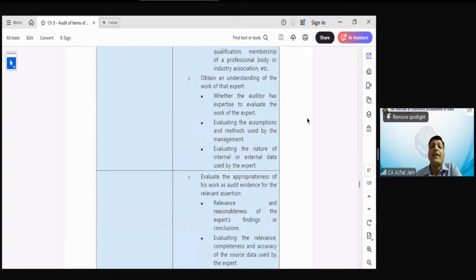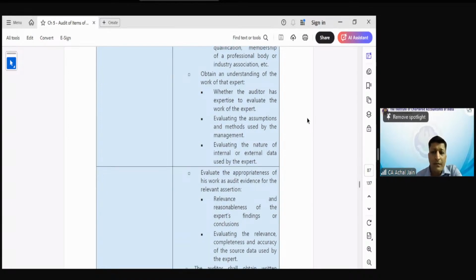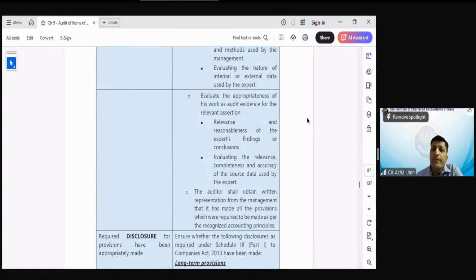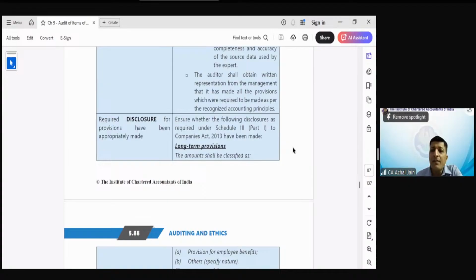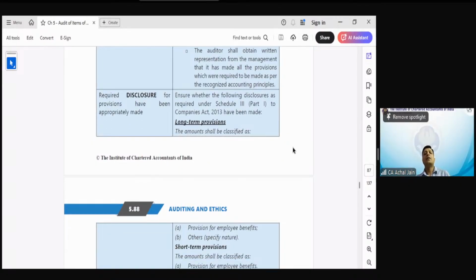Obtain an understanding of the work of that expert, meaning what is it he has done. So the auditor will also look at his working, some of the assumptions, methods he may have considered, relevance and reasonableness of the findings or the conclusions of that expert, meaning his entire report is then required to be obtained. And if at all there is a need, involvement of the auditor's expert is also required to be done.